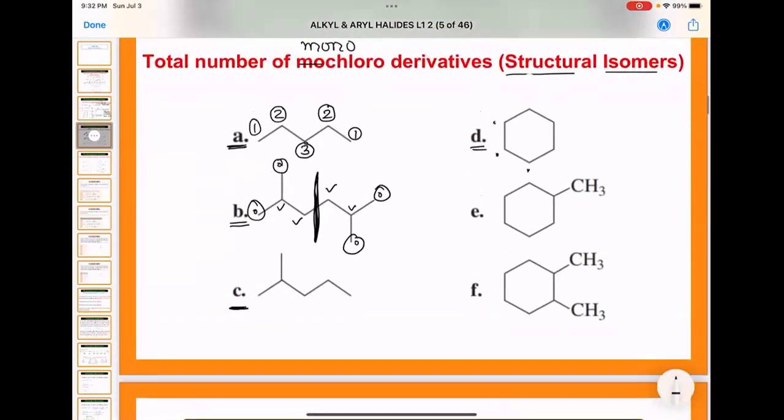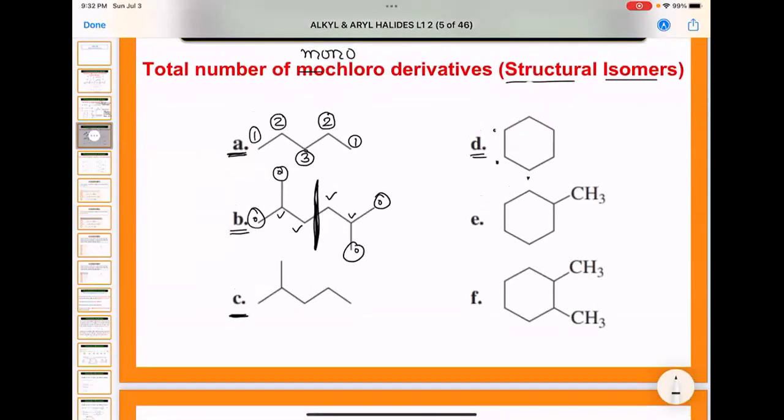And there is nothing called symmetry in this, no middle line kind of thing. So you can have your chlorine at this point, at this point, at this point, at this point. All will be different.